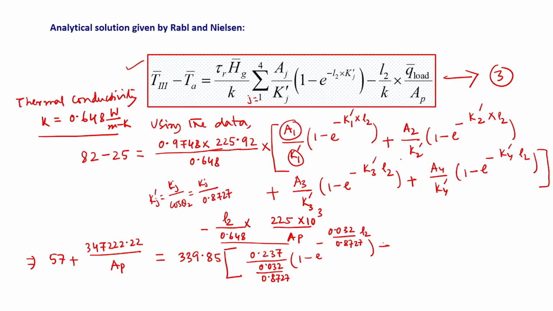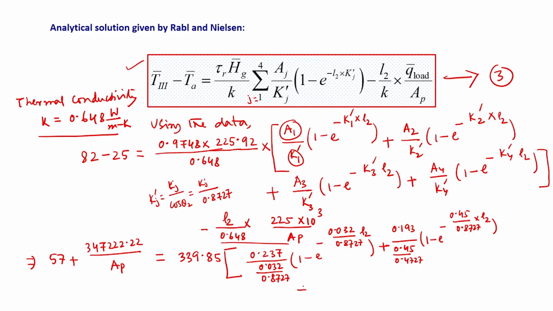This plus we will have A2 value about 0.193. So, here it will be 0.45, the K2 value, divided by cos theta 0.8727. Okay. And this will be 1 minus e to the power of minus K2 value 0.45 divided by 0.8727 multiplied by L2. Okay.